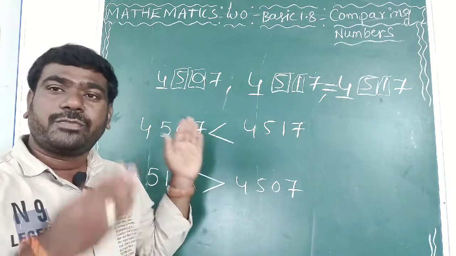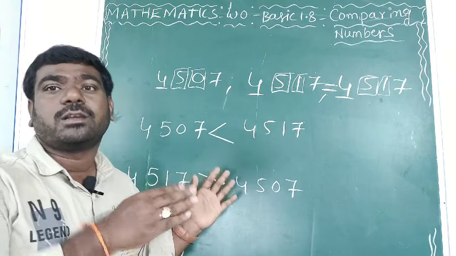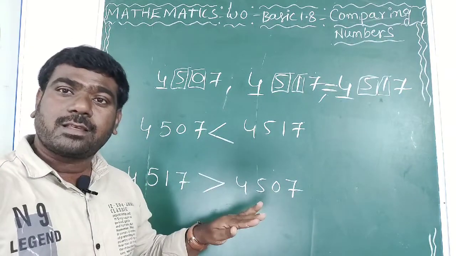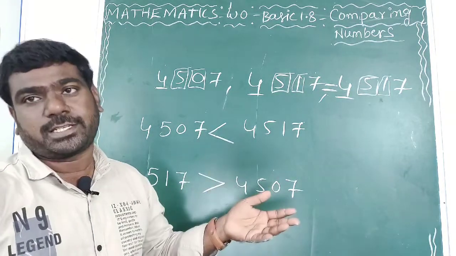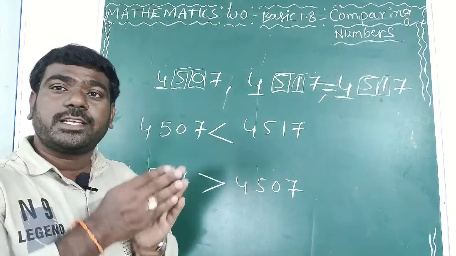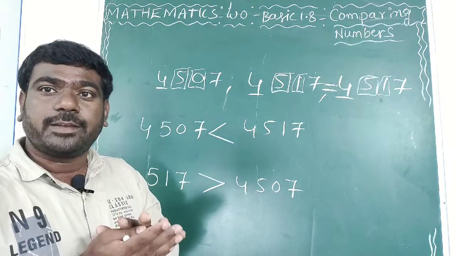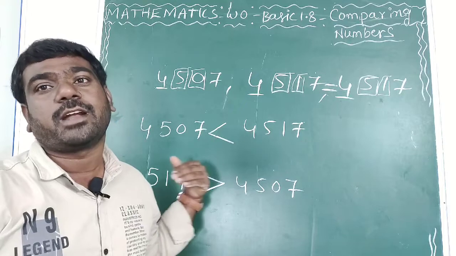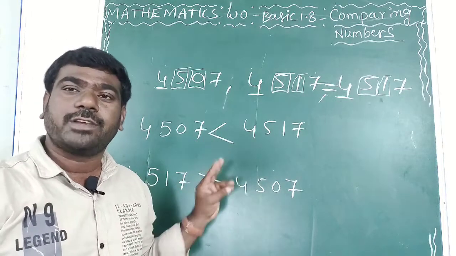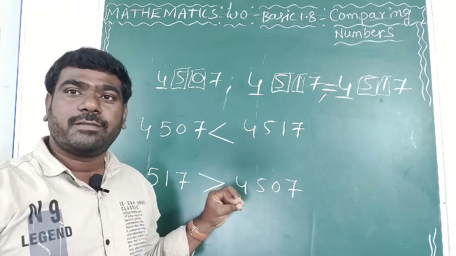If the first digit is equal, go to the next. If that place's digits are also equal, go to the next. Whichever digit is smaller or greater, take that number and write in the order according to the given question.